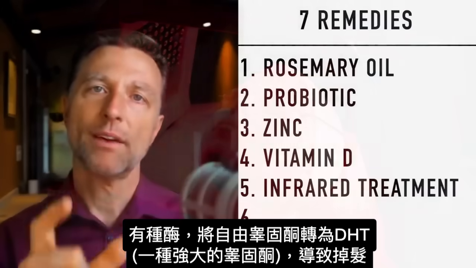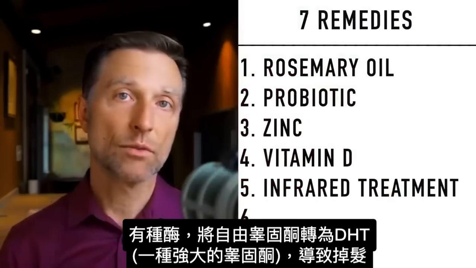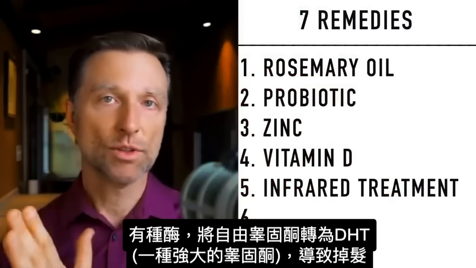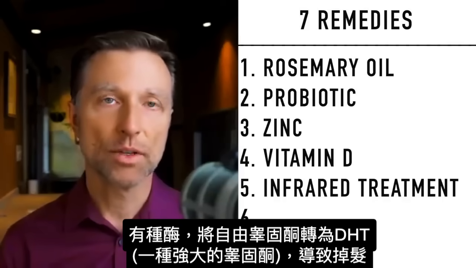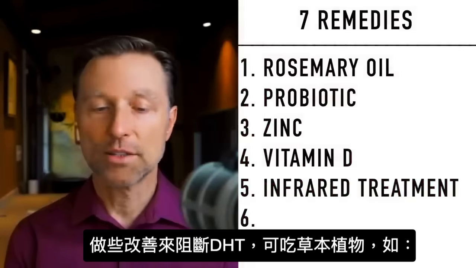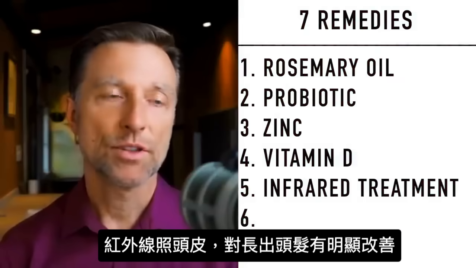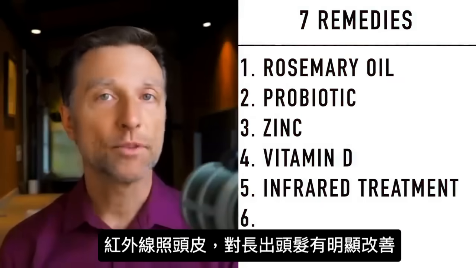Because what's happening is we have this enzyme that's converting more free testosterone to DHT, which is a very powerful form of testosterone, and that's burning the hair out. And so anything that you can do to interfere with that process is a good thing. And there are a lot of herbal things you can take too, like saw palmetto and stinging nettle root. But the infrared light on your scalp has been shown to create some significant improvement in your hair.